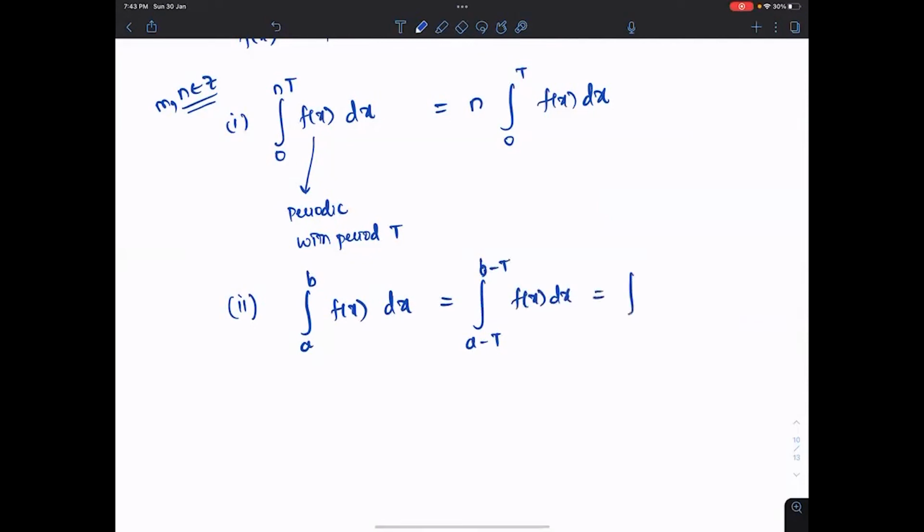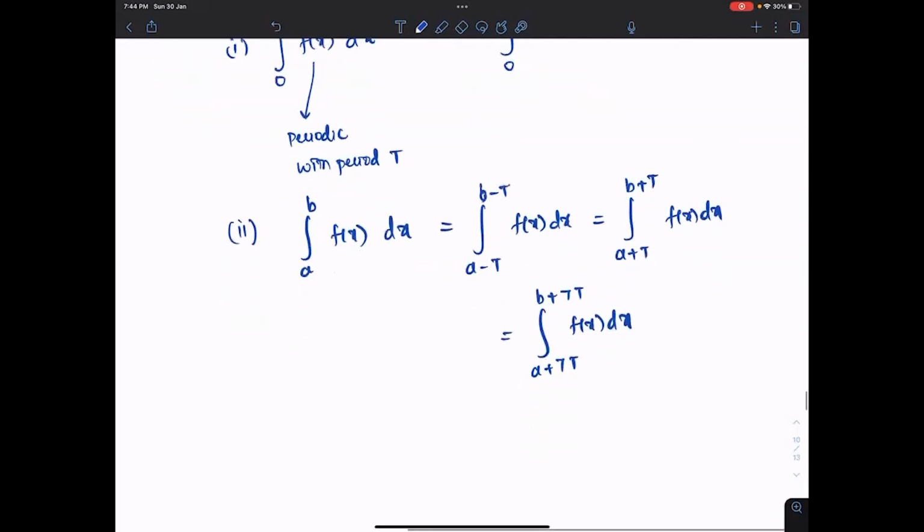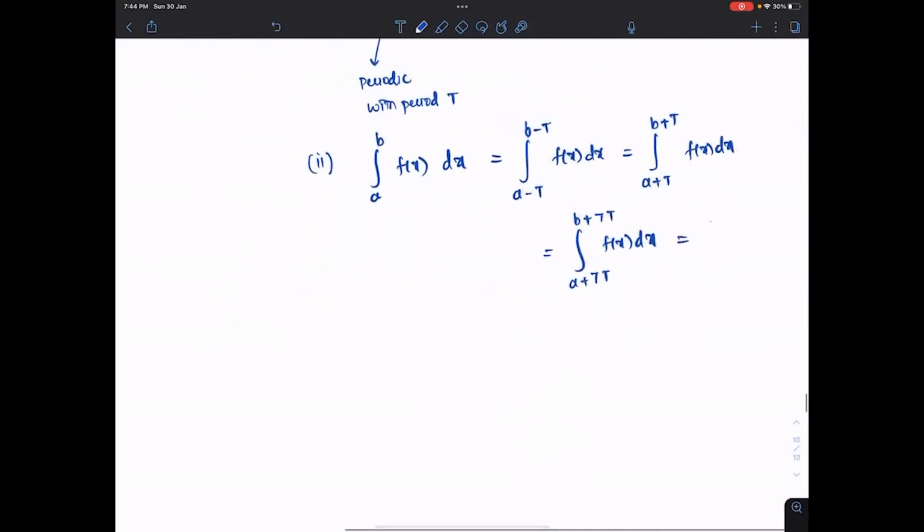If you're adding, you have to do it to both the upper limit and the lower limit. And you can do this any number of times. When I say any number of times, what I mean is you can write a plus 7T, then the upper limit also you have to add 7T. Okay, addition or subtraction. In general, a plus n times T, b plus n times T, this you can do to the limits. Okay, you can add or subtract multiples of the time period.